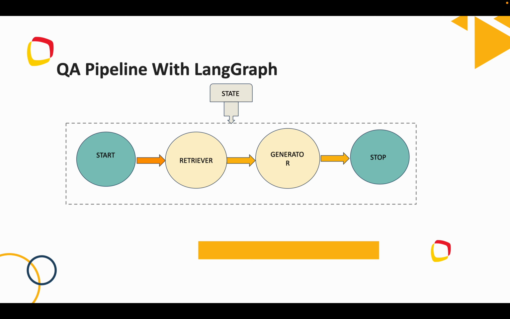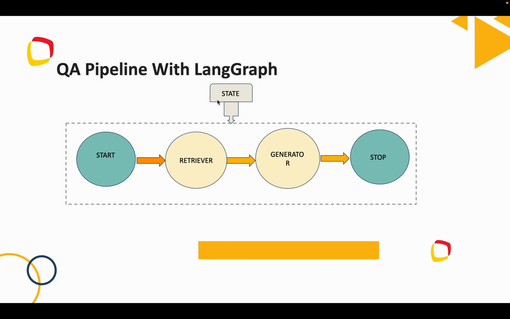So first, we will have a starting graph. Then we will create a retriever. The retriever will retrieve a few documents based on the Ensemble retrievers and the parent document retriever. Then that will be passed to the generator node. The generator node generates the result and it will stop. And LangGraph, as a property, will share a state among these nodes, right?